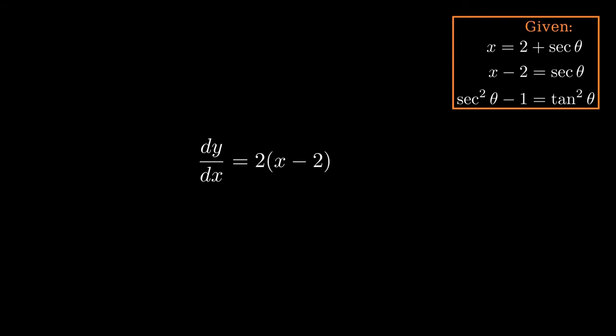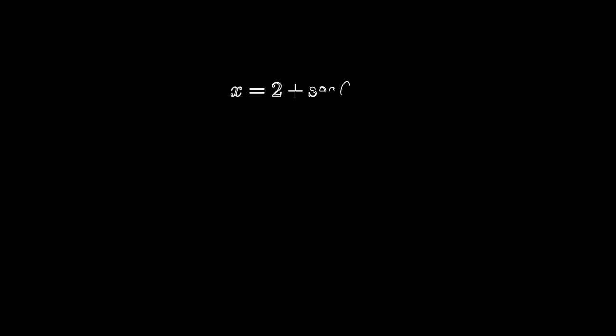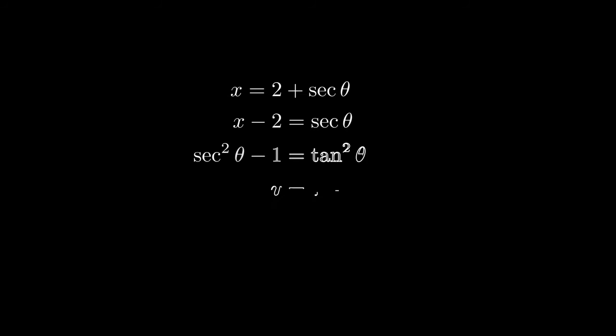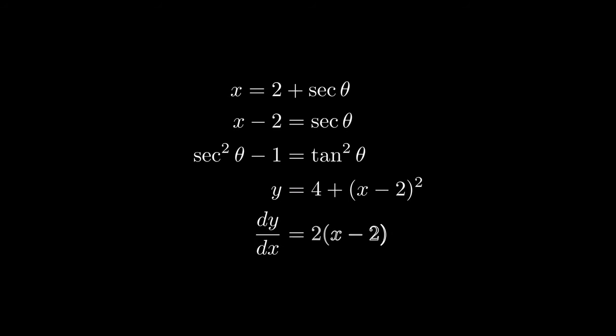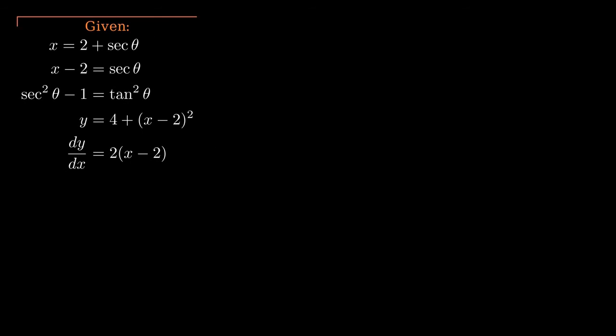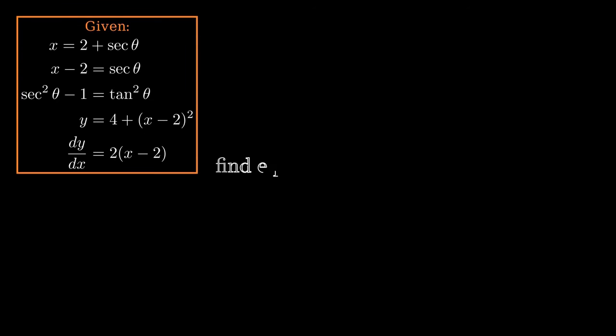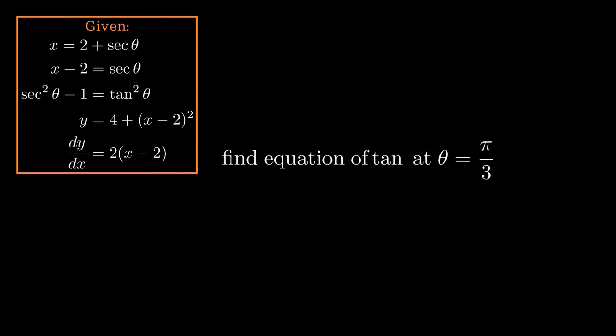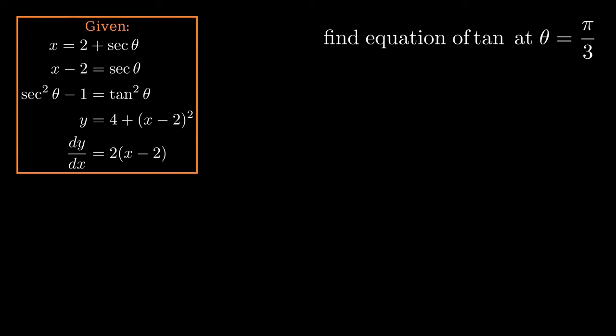Now C. We'll use all this stuff that we just found. So here's the given stuff, and then those last 2 pieces are what we found for A and B. What we need to do here is find the equation of the tangent line at this specific point of theta equals pi over 3.